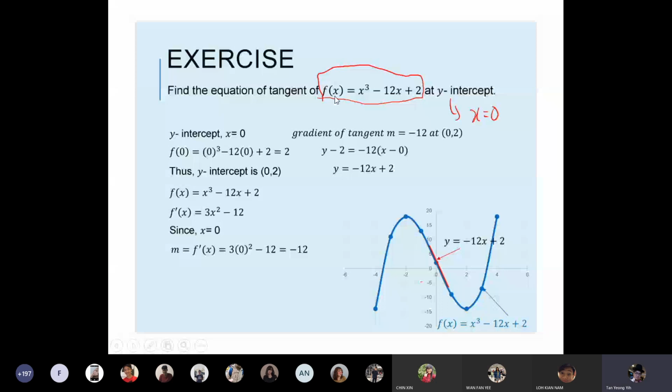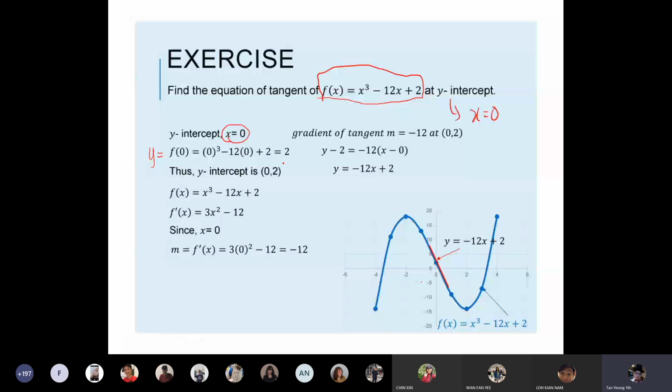So we are going to start with x equals 0, and we find the y. Substitute 0 into the function, and we get y is 2.